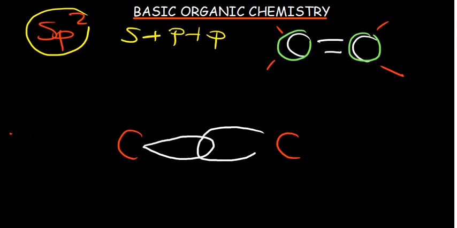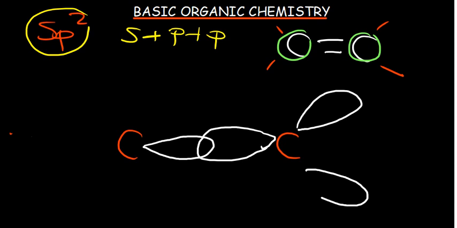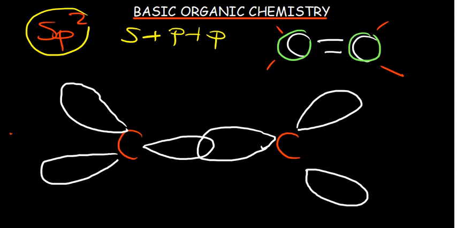Each has 3 sp2 hybrid orbitals, implying that there should be another one there and another one there, making them 3. And then this one should have the same 3 there. So all these are the sp2 hybrid orbitals, each carbon having 3 of them.